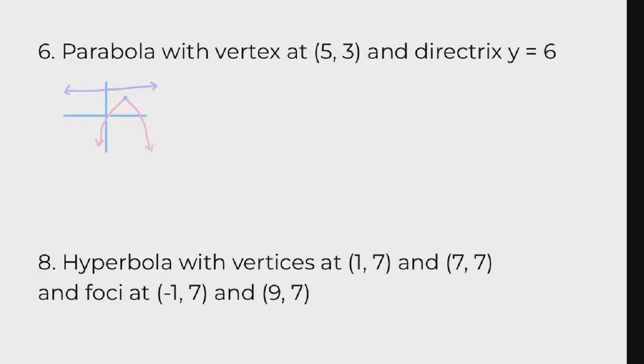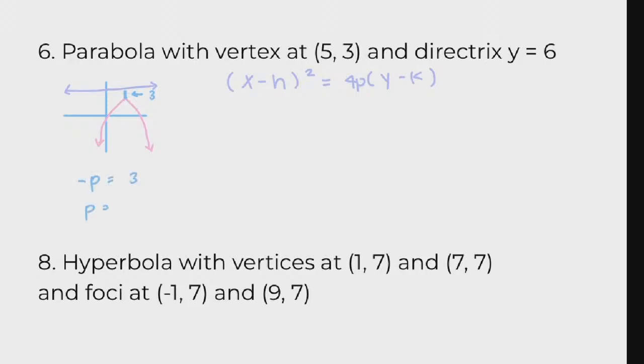Since it opens down, we're going to be using the equation (x minus h) squared equals 4p times (y minus k). Oops, 4p, sorry. Okay, and then the distance between the vertex and the directrix, right here, this distance is 3, so that's what negative p is going to equal.